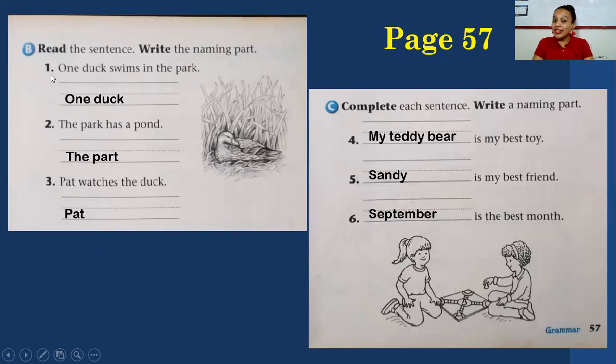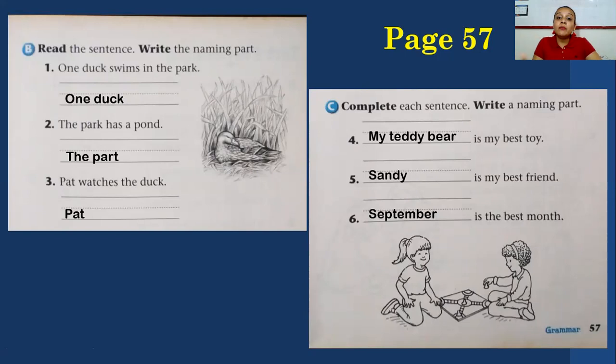Example number one: one duck swims in the park. So what is the naming part? It is one duck. Because if we only say swims in the park, no, it's not a sentence, it's a fragment, because this doesn't have a subject. So we need a subject.